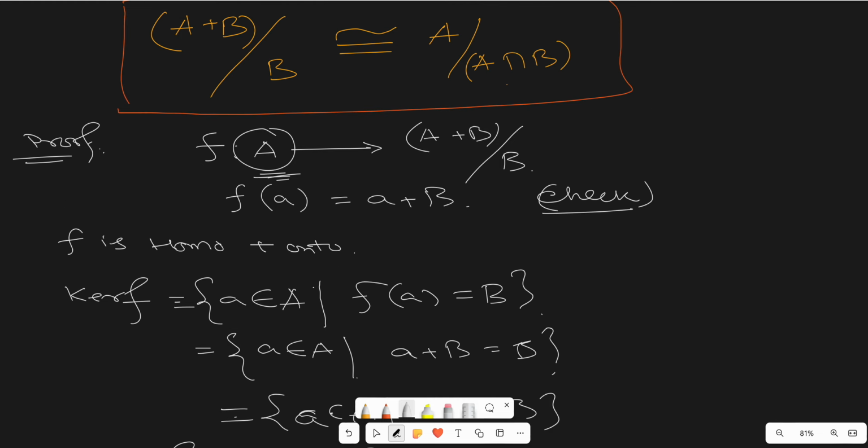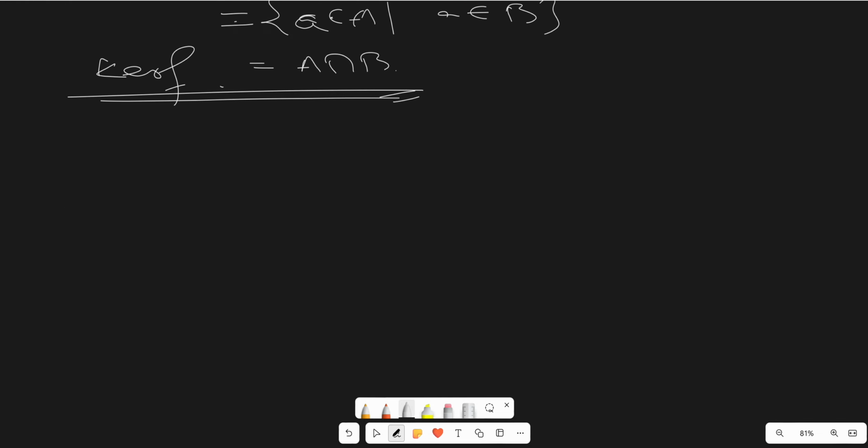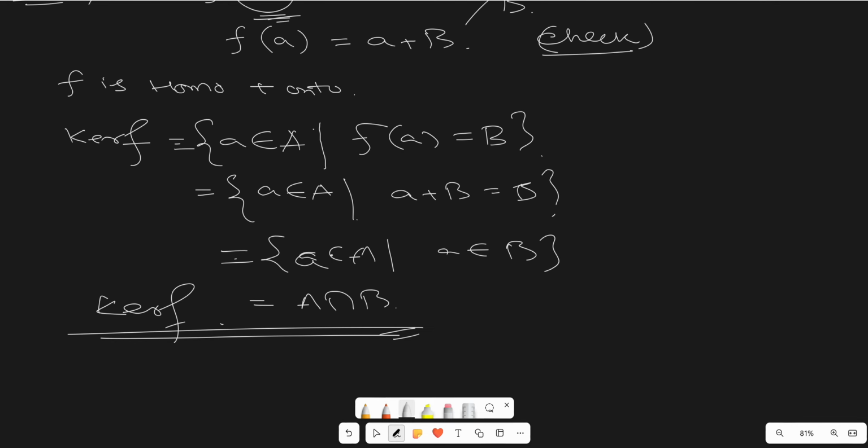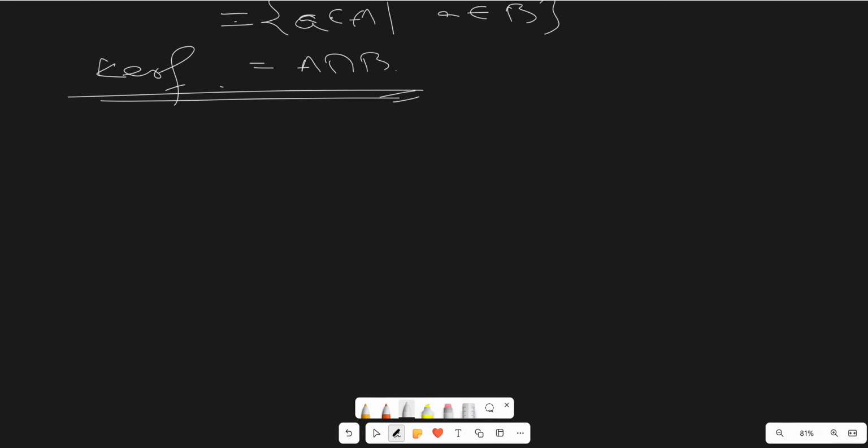Now you use the first isomorphism theorem, that will serve the whole argument. Since this is a homomorphism and onto, we can talk about the first isomorphism theorem.